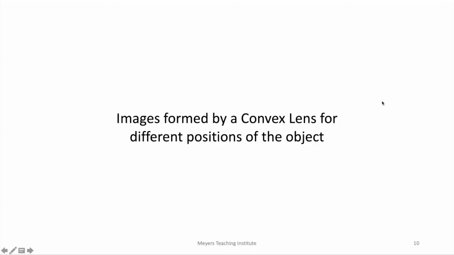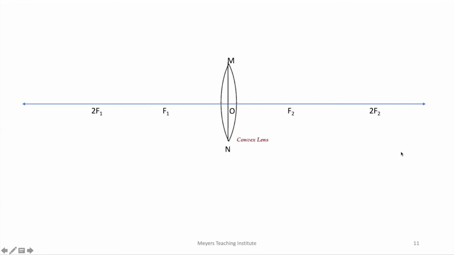So now we shall study how the different images are formed by a convex lens for different positions of an object. When we look at it, we see that we can have our object placed at infinity, and we get a small dot at F2 as our answer, where the image will be formed. We can have the object beyond 2F1 and have the image between F2 and 2F2.